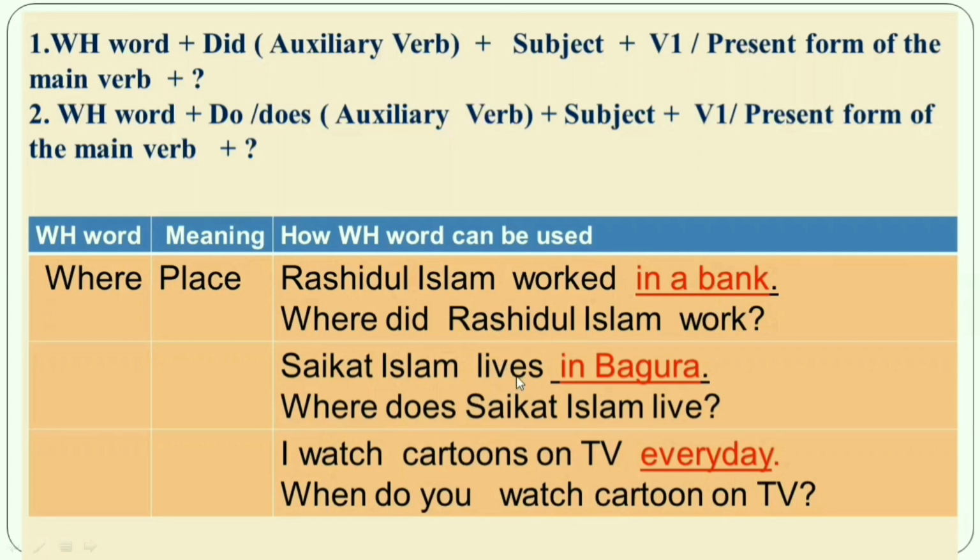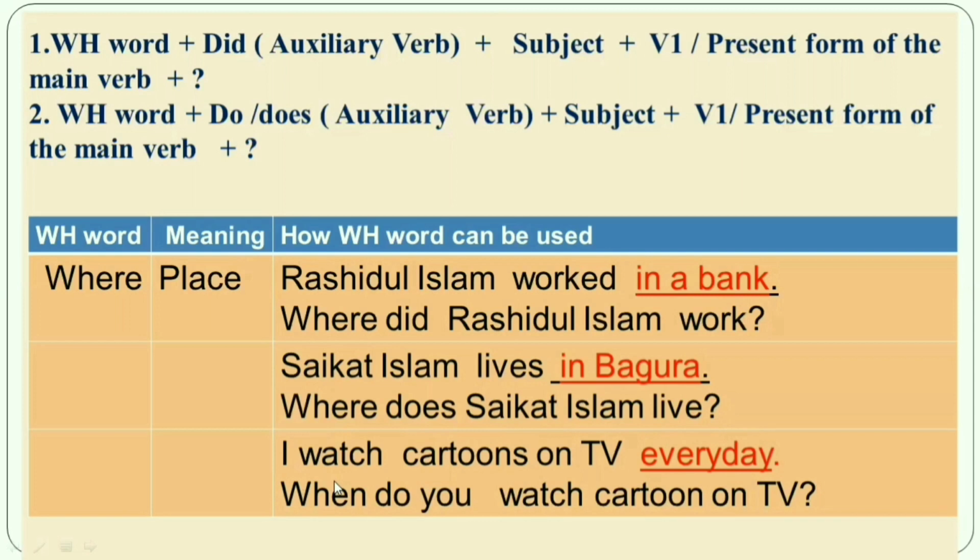Okay, so here "s", and that's why you have to take "does". So "where does". Then the subject, Soikot Islam, right here, Soikot Islam. And then the main verb "live", present form of the main verb. So, and at last, a question mark will be given.